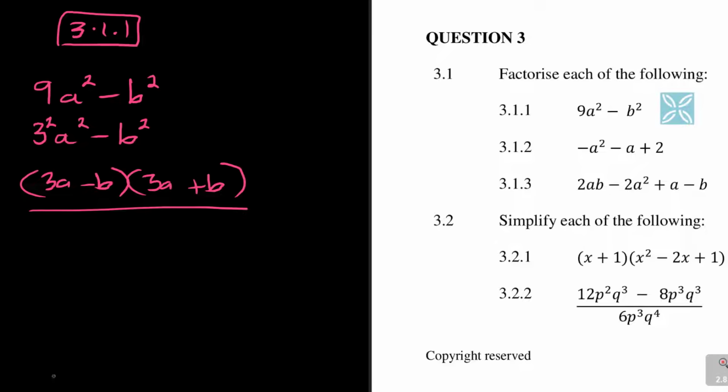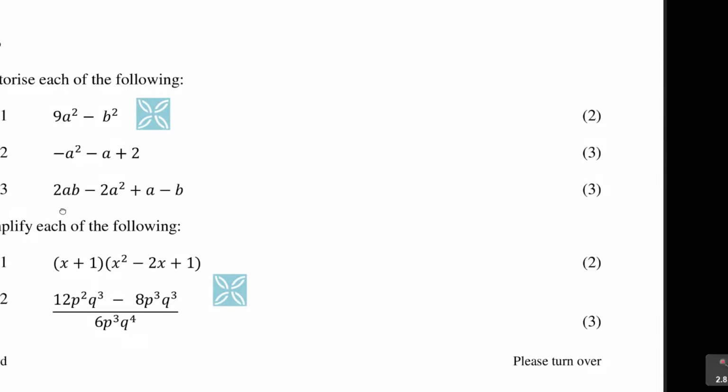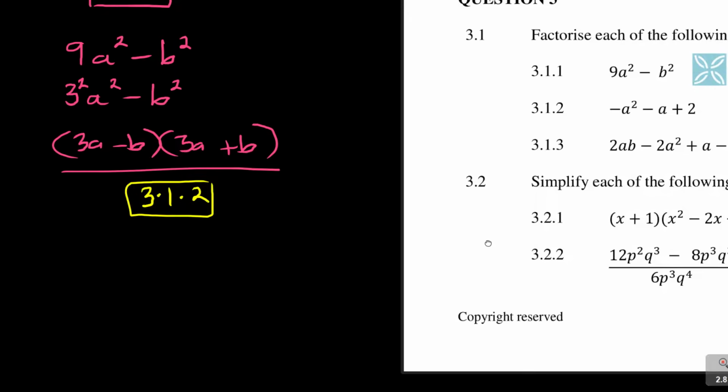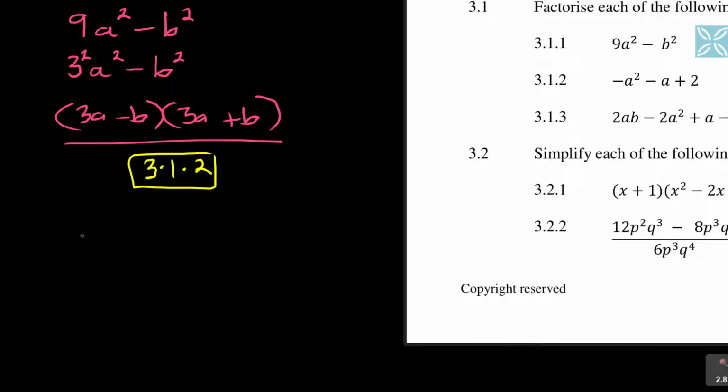Now let's look at the next one, 3.1.2. We are supposed to factorize, 3 marks: minus a squared plus a plus 2. They like doing this to confuse you.